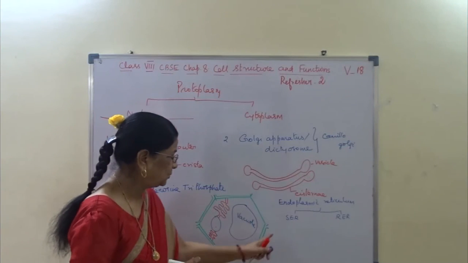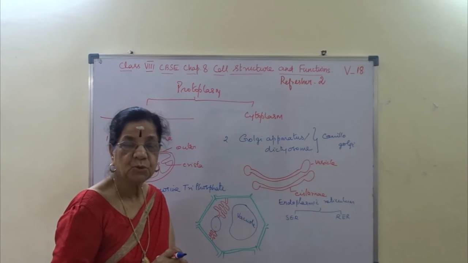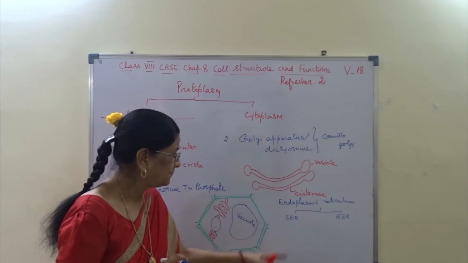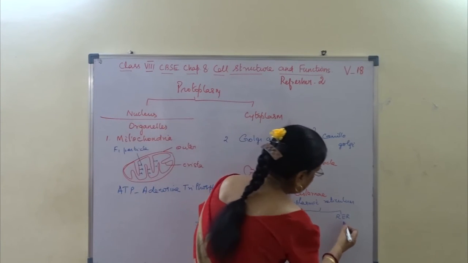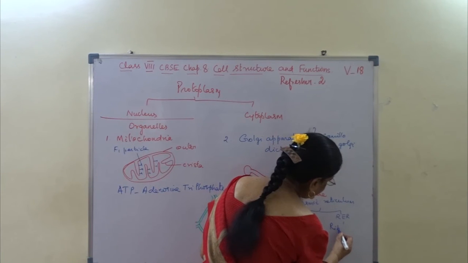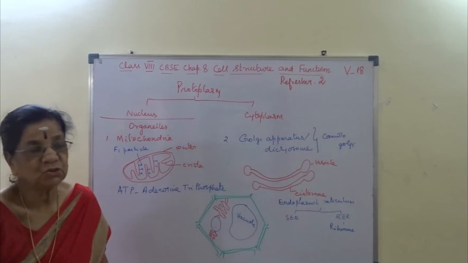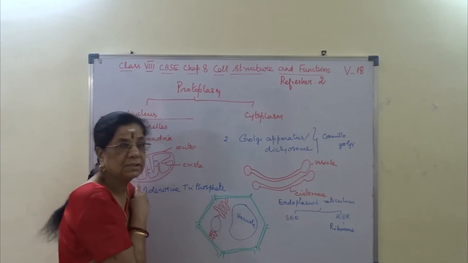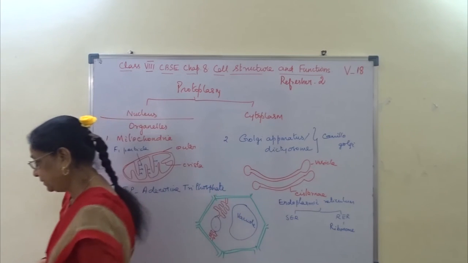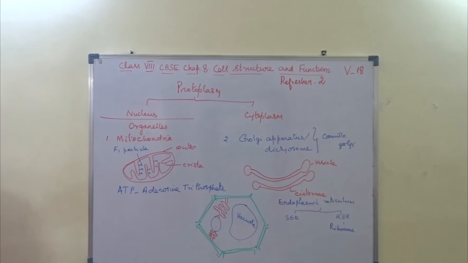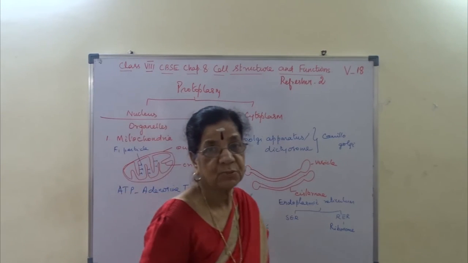The smooth endoplasmic reticulum, as the name implies, is smooth in nature, whereas the rough endoplasmic reticulum has these blue dots, called ribosomes. The endoplasmic reticulum which has ribosomes is called rough endoplasmic reticulum.